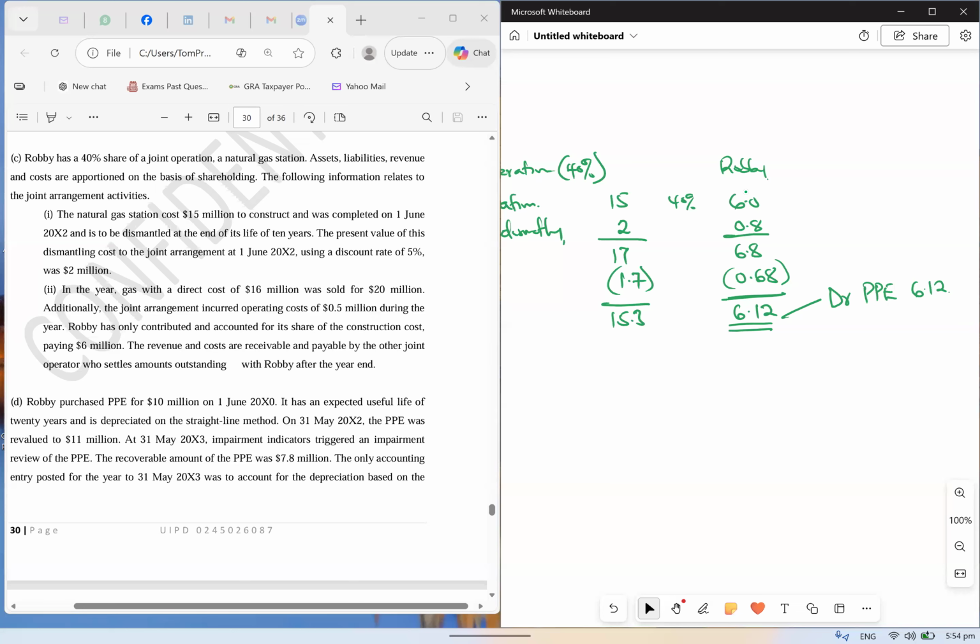Everything that he is doing there, he has a portion in there. You need to work it out one by one. That is how you solve a joint operation. Okay, so take note of that.